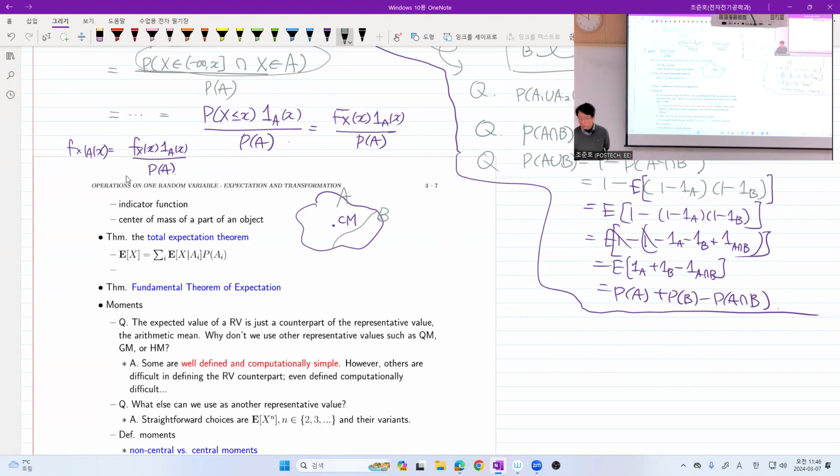You just compute the center of mass of part A and assume that all the mass is concentrated here. All the mass in A part is focused here. And you compute the center of mass of B, and all the mass in part B is concentrated at that center of mass.